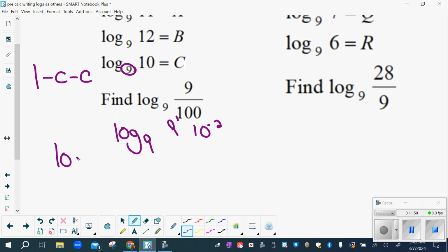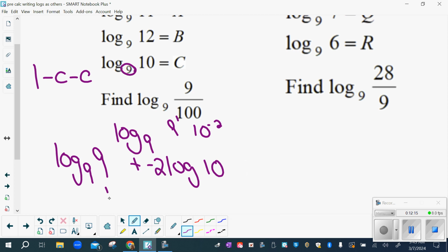It's going to be log 9 of 9 and then plus log 10 negative 2. Negative 2 drops to the front, right? Does it give you the exact same answer? It does. 1 minus C is the same as 1 minus 2C. Can you do it either way? You can do it either way.